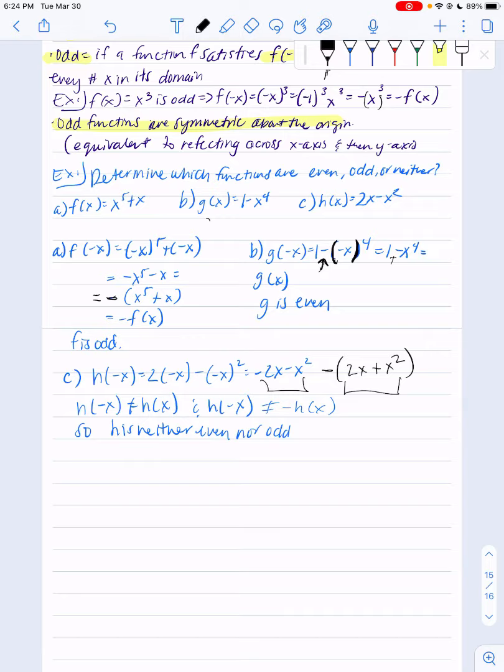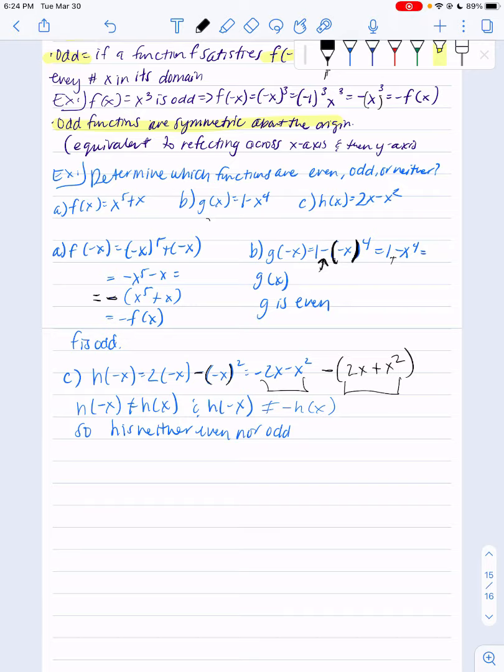Now I have h of x is 2x minus x squared. Plug in negative x. So I get 2 times negative x minus, because I have a minus there, and then parentheses around the negative x squared. So I get negative 2x minus x squared. So I'm going to factor out the negative. So I get negative 2x plus x squared.